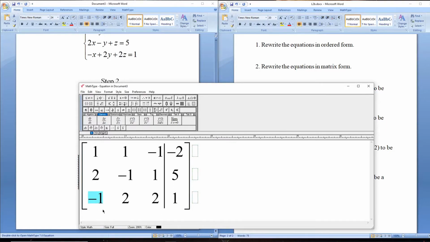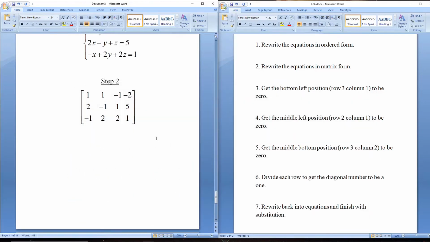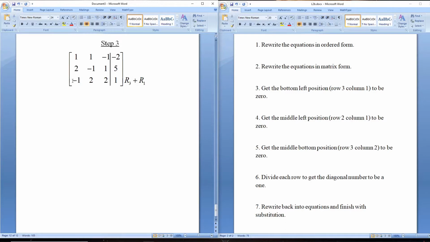At this point, it is like a little type of puzzle game. You want to figure out which way you can add these equations together in order to get a 0 here. Notice that if we add row 3 with row 1, then we can get a 0 there. So let's make this our instruction step: we're going to replace row 3 with row 3 plus row 1. Let's do that.